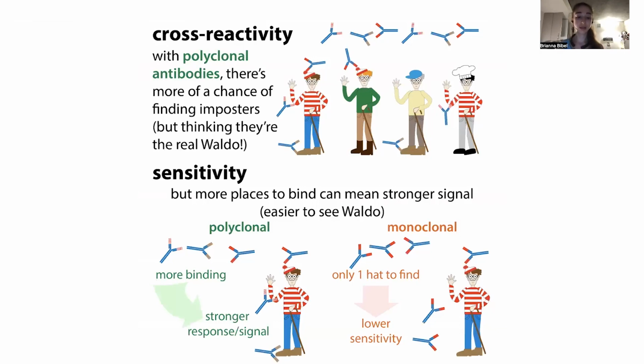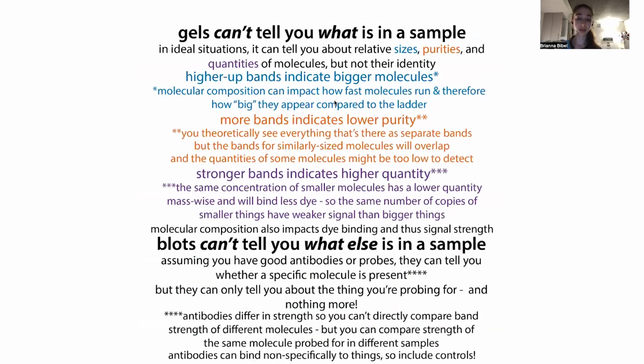Speaking of different strengths, different antibodies can have different cross-reactivities, and they can also have different sensitivities. And so you can't compare the strength of the band between different proteins that you're probing for. Similarly to how we saw before, you can compare between the same protein or the same nucleic acid, say if you were doing a Northern or Southern, in different samples, because you're comparing apples to apples.